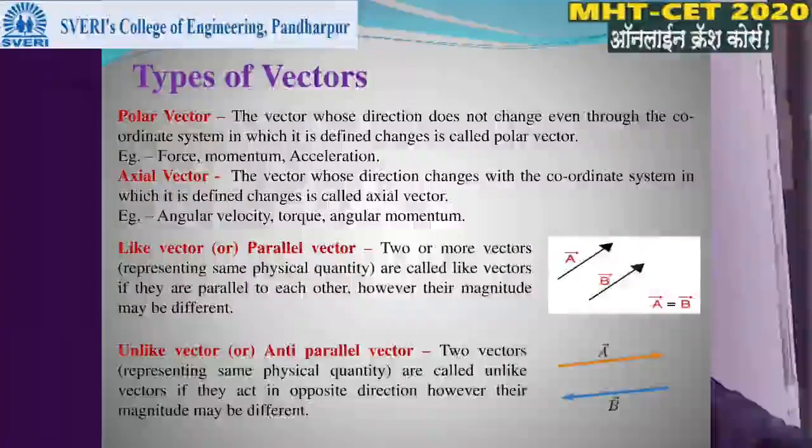In that case, if the direction changes with the coordinate system, then we can say yes, it is an axial vector. Examples of axial vectors are angular velocity, torque and angular momentum.